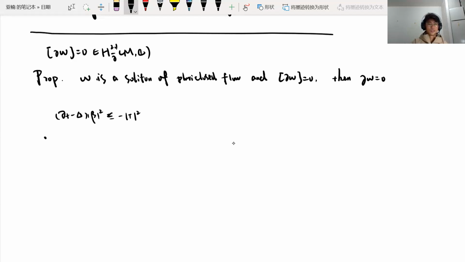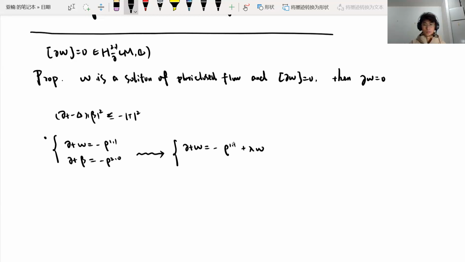More precisely, this is the initial flow, and if we do some normalization like this, for the initial flow we have the evolution like this, and if we denote the solution to the normalized flow by omega tilde, actually this equation is invariant.